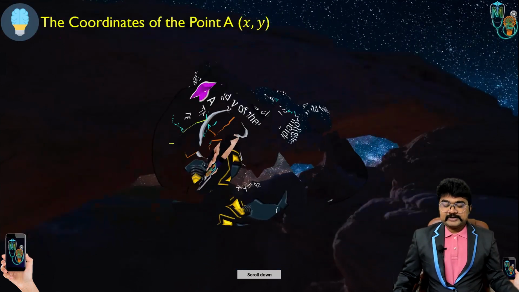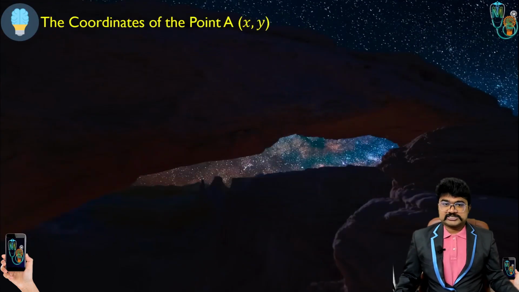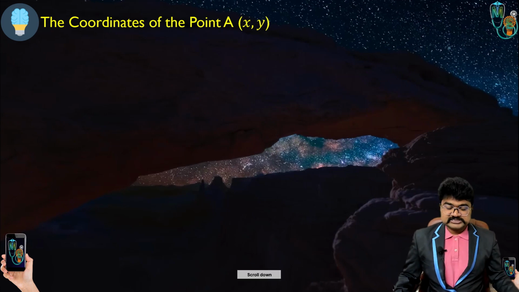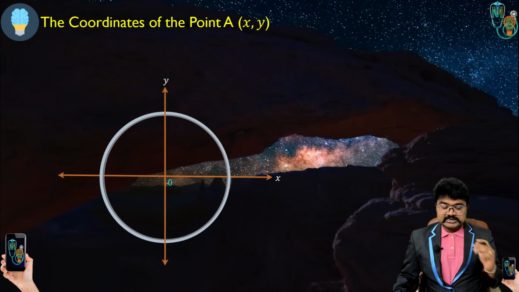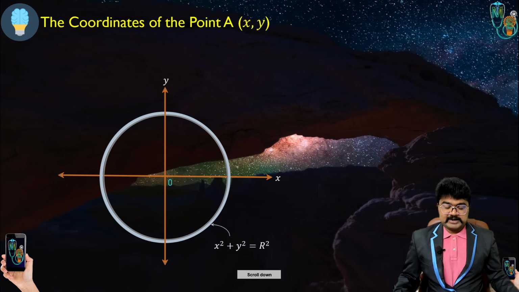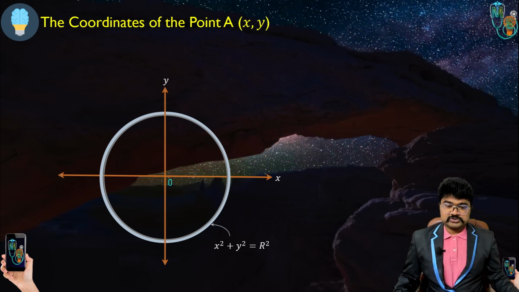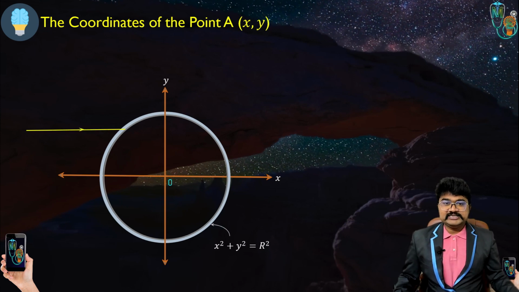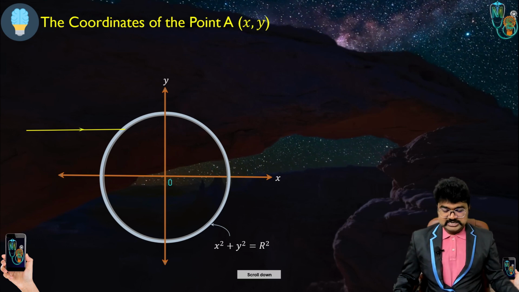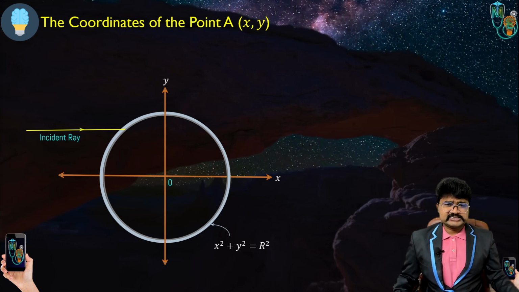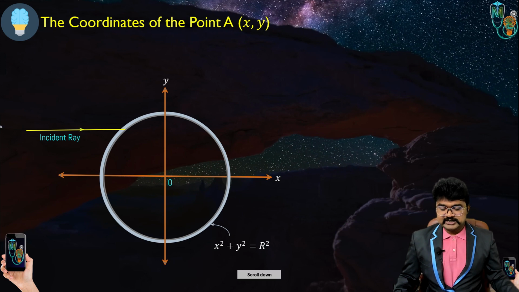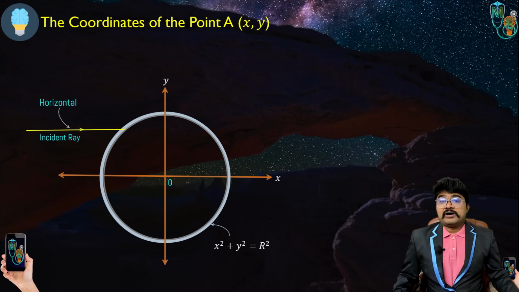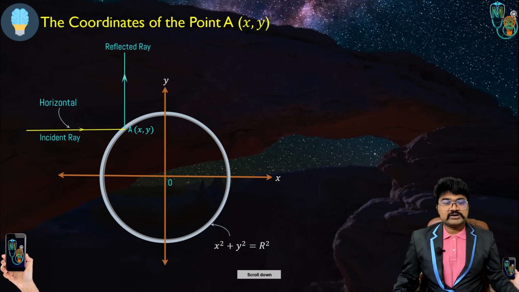See here, the coordinates of point A, x comma y. What is given in the question? The circle x square plus y square equal to r square. The incident ray is incident at point A. The incident ray is horizontal, and the reflected ray is vertical.